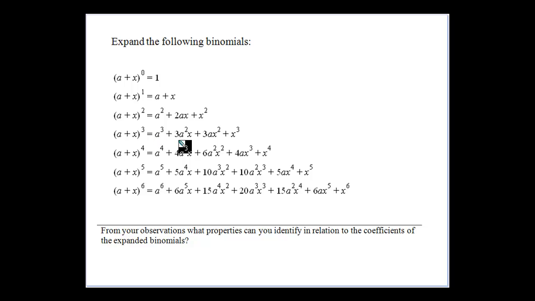So you start to see the binomial theorem coming into play. And the 1, 4, 6, 4, 1, and 1, 5, 10, 10, 5, and 1. So we start to see that come into play, and that's where Pascal's triangle is going to come in handy for our binomial theorem, because this is basically showing us our binomial theorem.